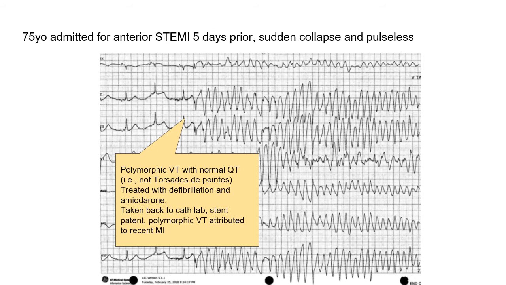So this patient had a normal QT and went into polymorphic Vtac because of his recent myocardial infarction. The patient was defibrillated, right? If you're pulseless, you're defibrillated. And then amiodarone was given, and the patient was taken back to cath lab. The stent was open, so they attributed the polymorphic Vtac to the recent MI.